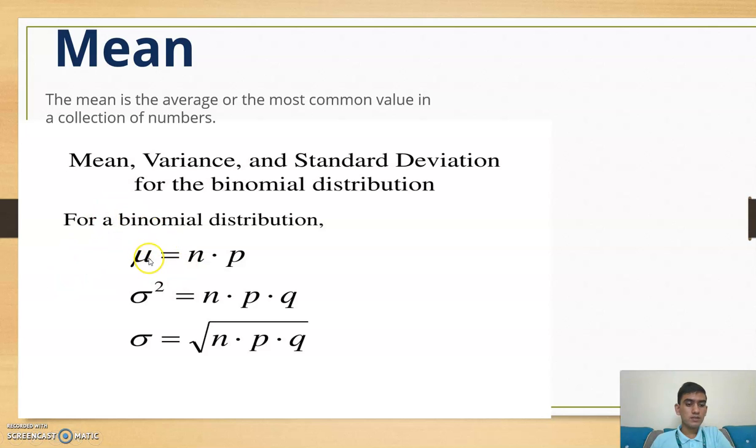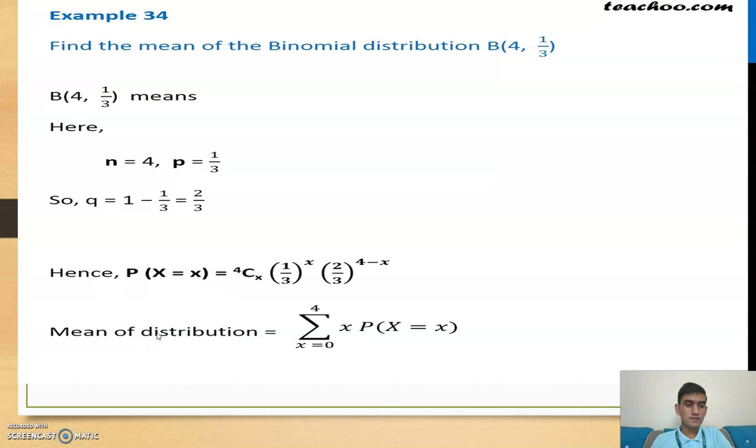To find the mean, the formula is np, where n is the number of trials and p is the probability of success. Variance is npq and standard deviation is root of npq. Mean is denoted by mu, variance by sigma square, and standard deviation by sigma.